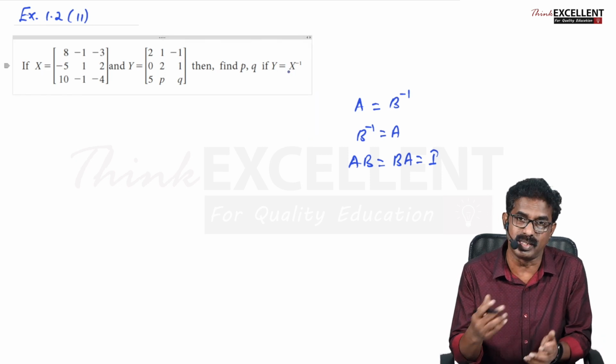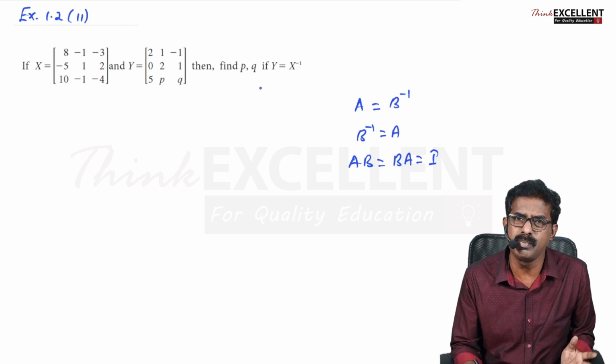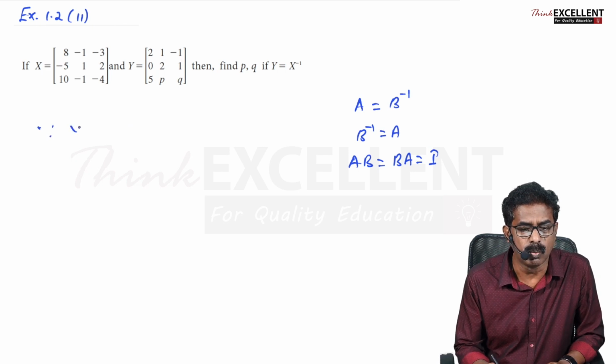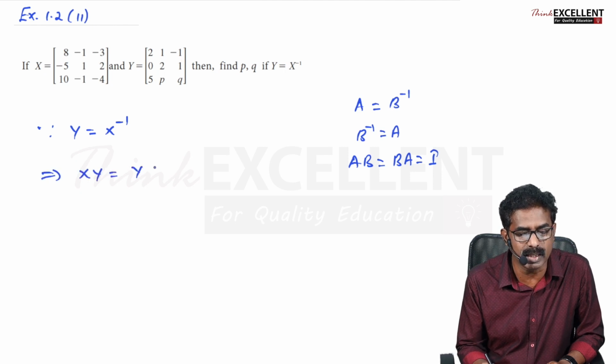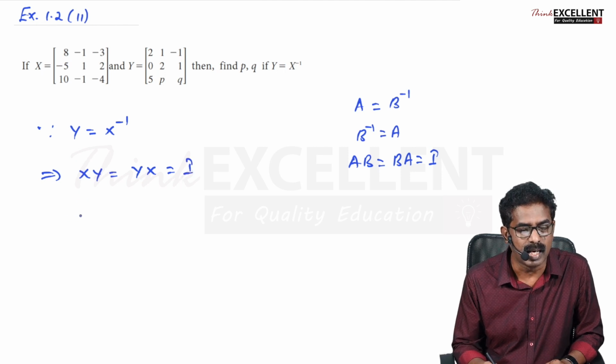So that's the easiest way. Otherwise, you have to find X inverse. X inverse is 3 by 3. It will take a lot of time, right? So you can do the easy method. Listen, what is given? Since Y equal to X inverse, you can say XY equal to YX equal to I. You take any one part. I'm taking XY equal to I. Substitute.